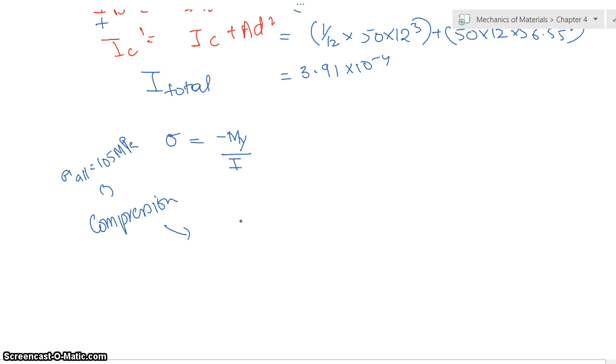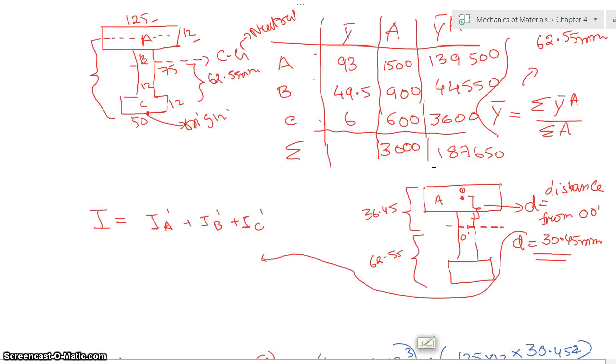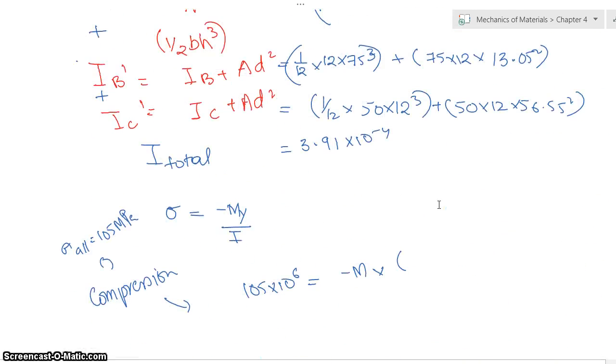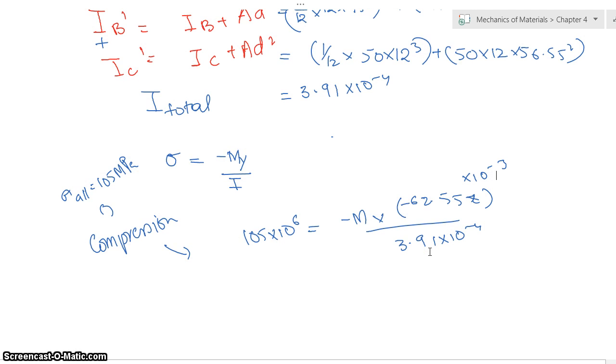So I'm going to use that to find: 105 into 10 to the power 6 is equal to minus M into minus 62.55 over I, which is 3.91 into 10 to the power minus 4, minus 3. I'm going to find the answer over here. Let me put a pause and find the answer.